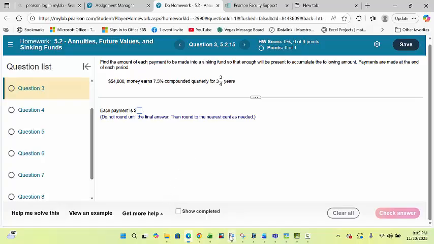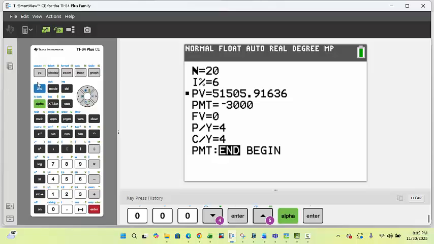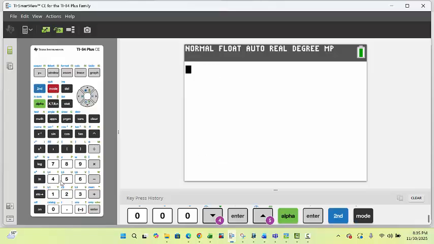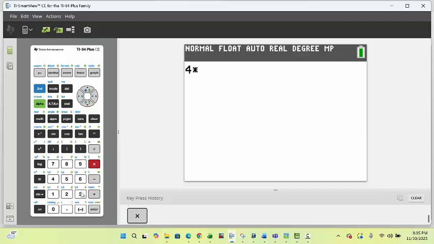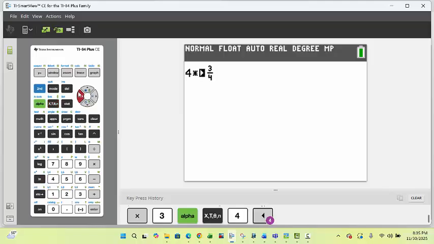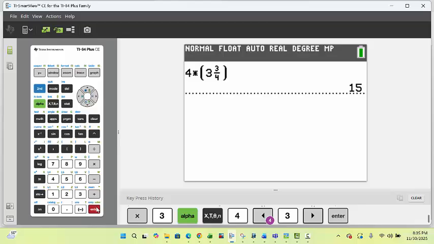If you're not sure, you can go 4 times. I wonder if it'll like 3 3/4 or not. Let's see how it handles. No. But I know the answer to this needs to be 15.